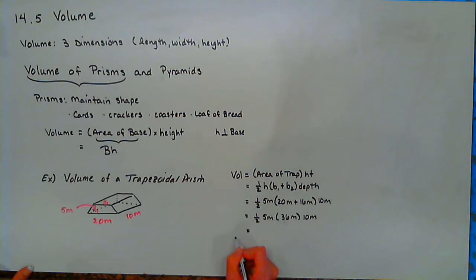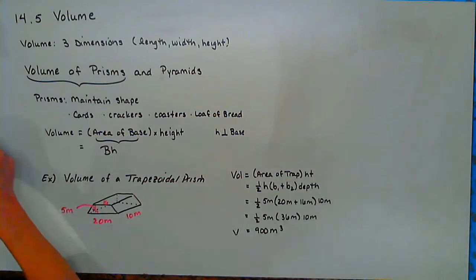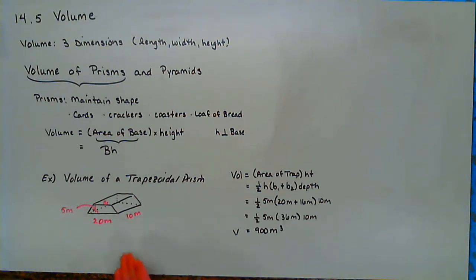Since it's volume, remember we're looking at 3 dimensions, we should end up with a cubic power. If we multiply this all out, we should end up with 900 meters cubed. Volume is really quite nice when you break it down into all the single components. If we have a prism and that shape stays the same throughout the whole thing, find the area of that one base, and just stack them up.